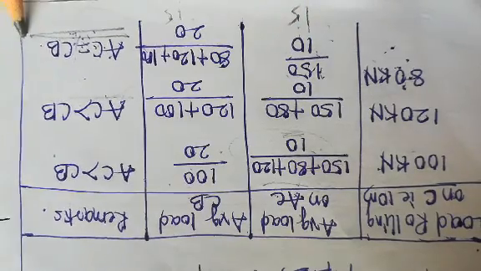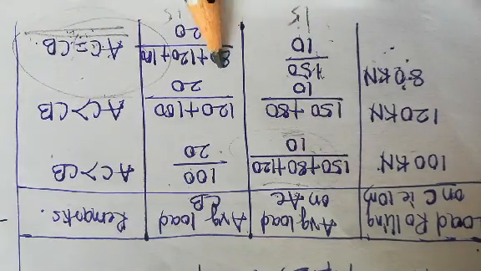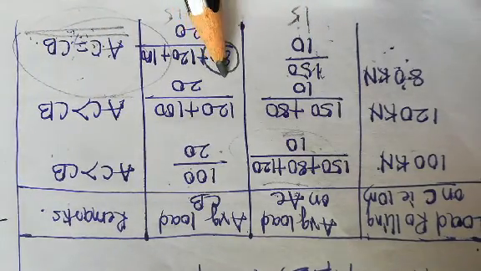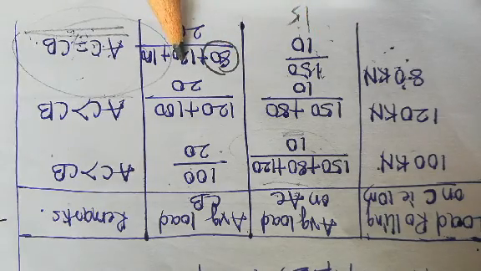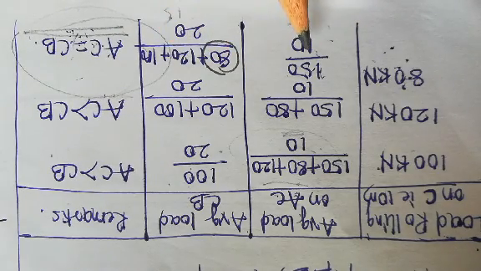What is the meaning of this average is, once 80 kilonewton passes the C point, there is a change in the sections.